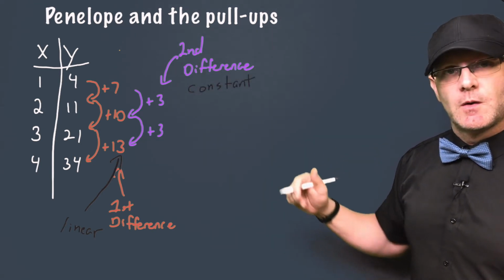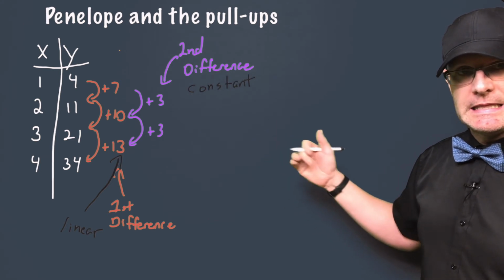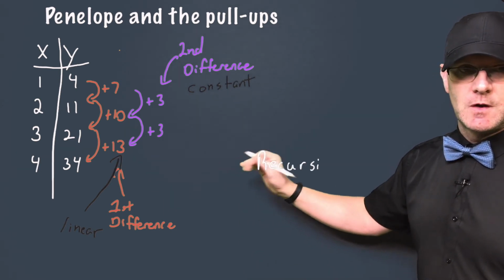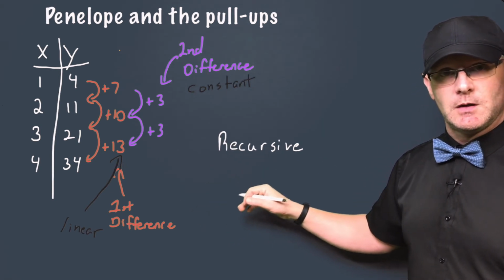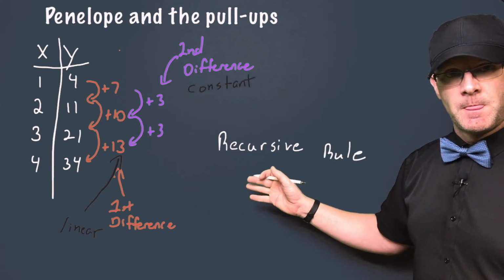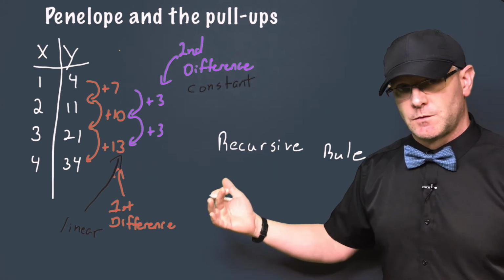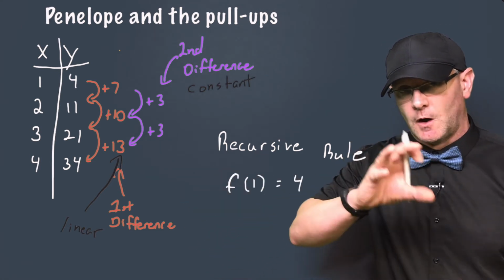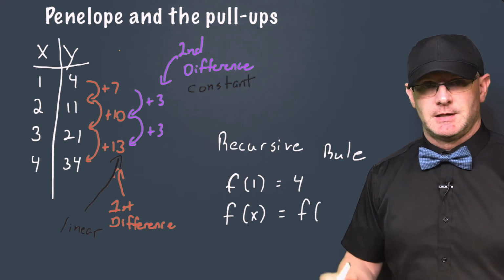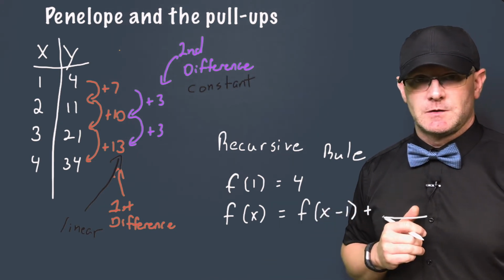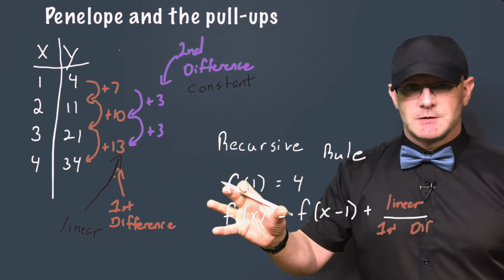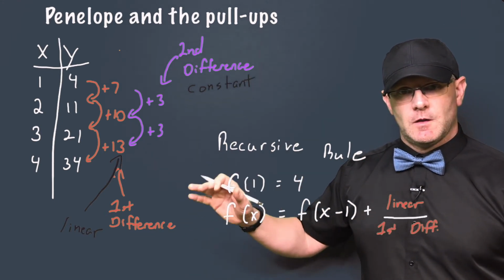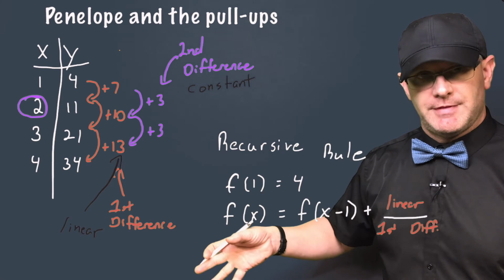Now, to write the recursive rule in this case, obviously our recursive rule starts with f of 1 equals 4, our starting value. Remember, we're doing the recursive rule for the quadratic function, the total number of pull-ups done on each particular day. From our visual model, we said that we took the previous and added the linear expression of that day.